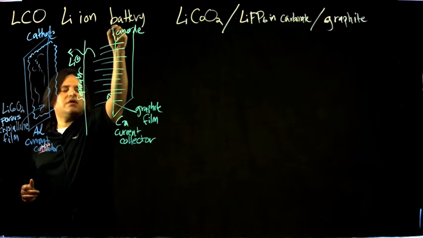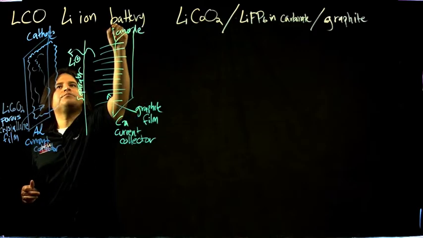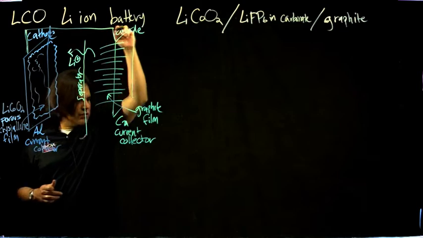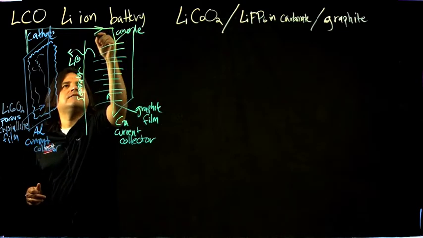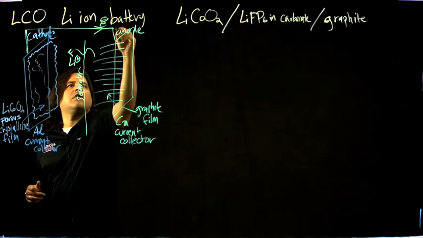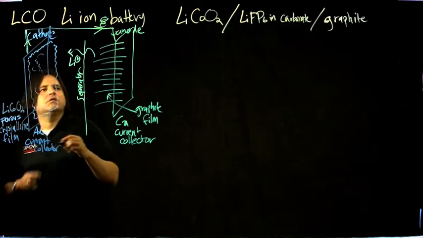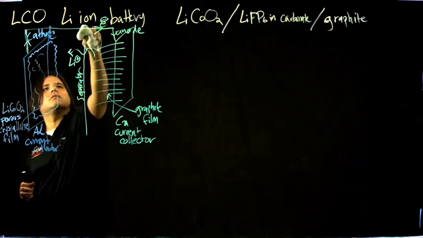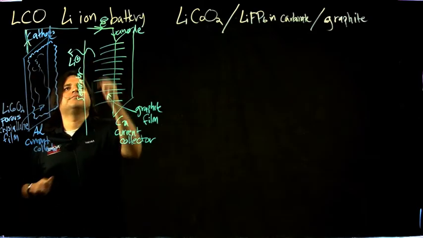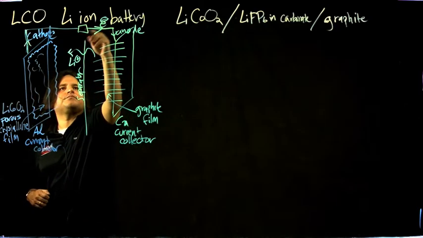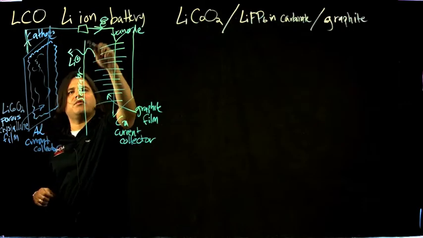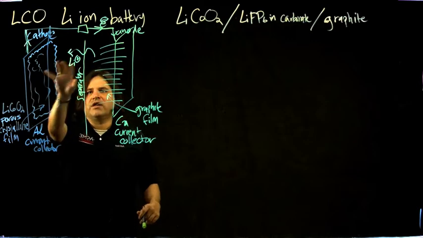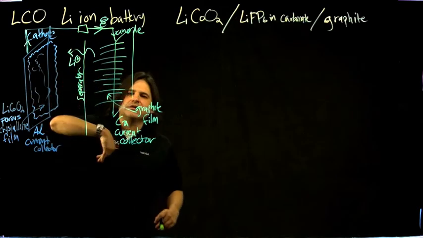So the electron is forced to go around the circuit. So you're able to cross it across a load. So this would be a load. That's because the separator only allows for cation transport and the electrons go around.